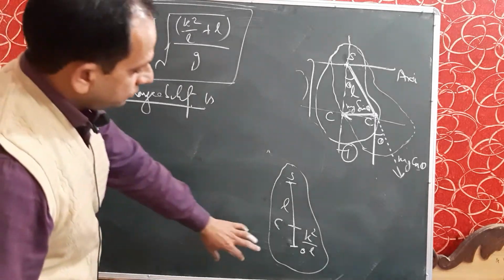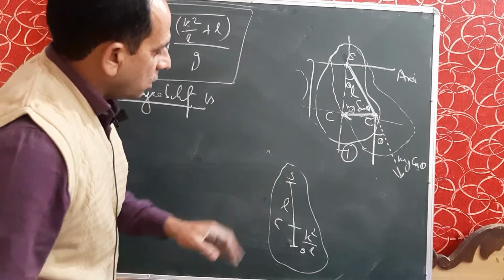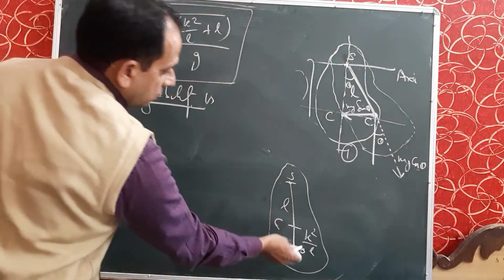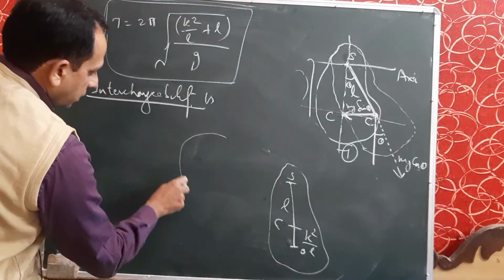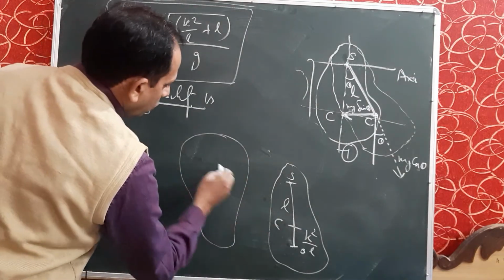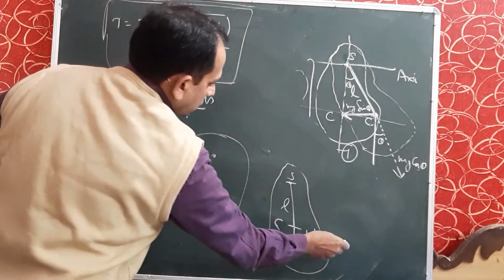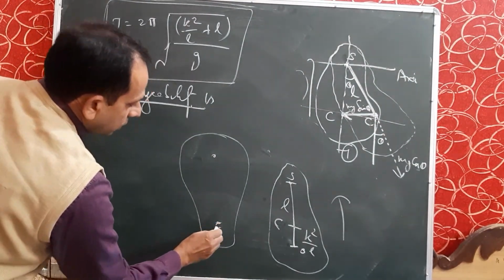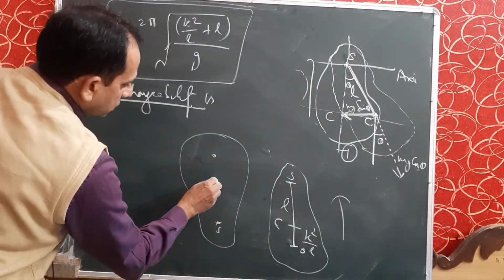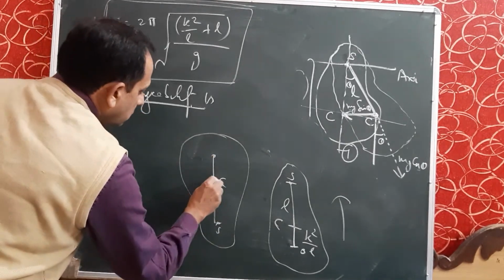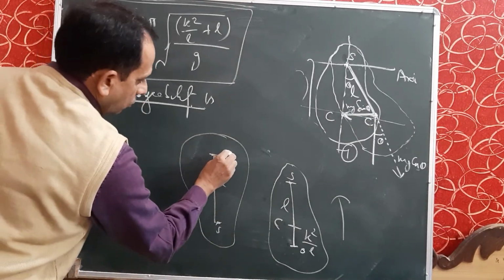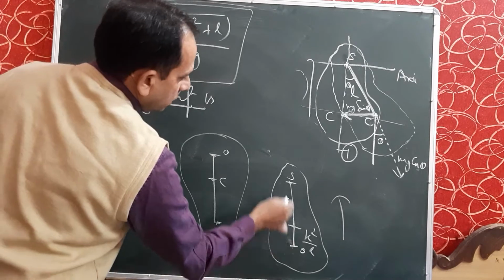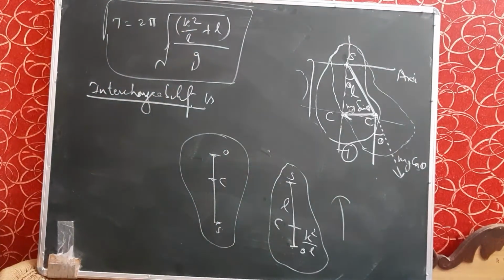If we interchange the position of this compound pendulum in the reverse direction, so that the O point is here, it is inverted, and the S point is here, with O, C and S in that order, it is called interchangeability.